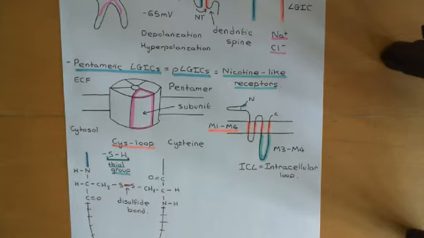So what I want to do at the start of this video is discuss different examples of Cys-Loop ligand-gated ion channels and the ions that they are permeable to, and also examples of where they are physiologically important.